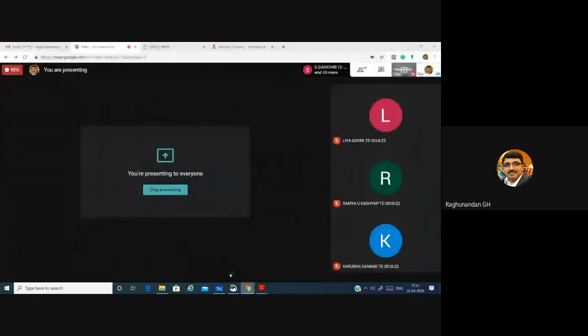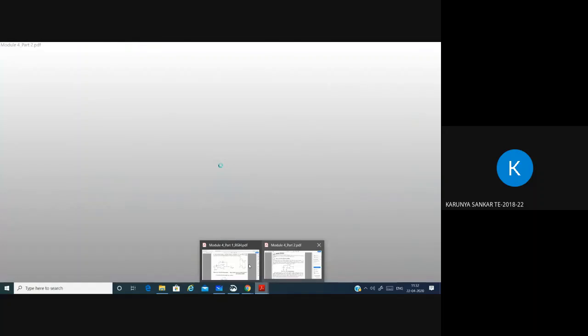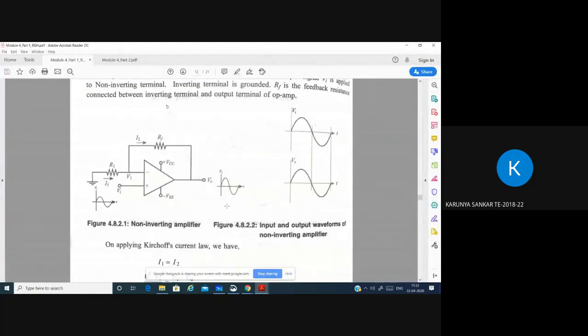There will be some difference in the input signals at the terminals, so the output can go out of phase in either the positive or negative direction. So that is input offset.